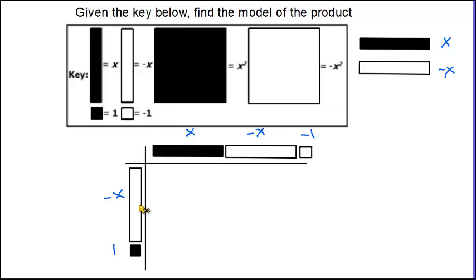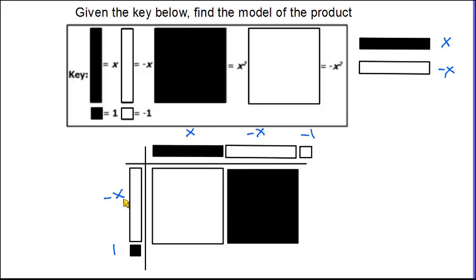So negative x times x is equal to negative x squared. Negative x times negative x is positive x squared. Negative x times negative 1 is positive x. 1 times x is equal to positive x.